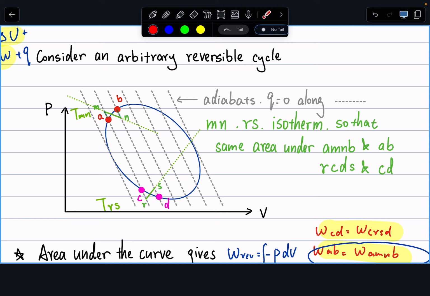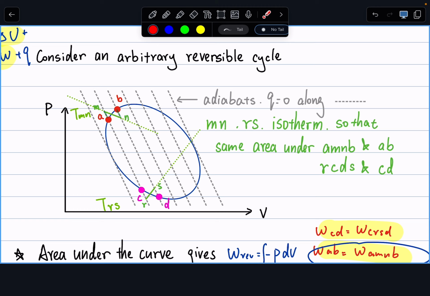Yes? You said MRSN is a Carnot cycle, but the first step of Carnot would be isothermal expansion, but M to R, isn't that an adiabatic expansion? M to R, well, here's the thing. We have the Carnot cycle as a reversible cycle constructed with two isothermal processes and two adiabatic processes.